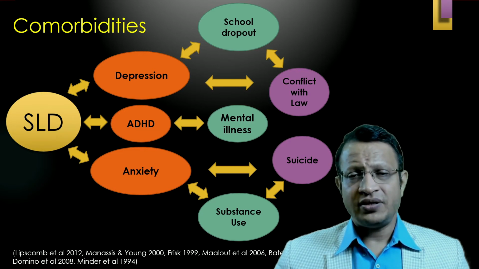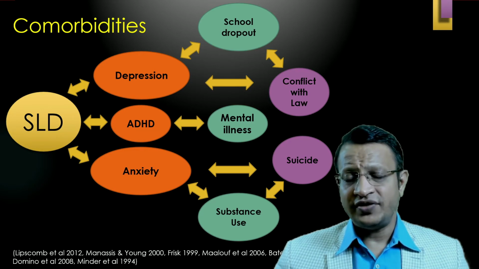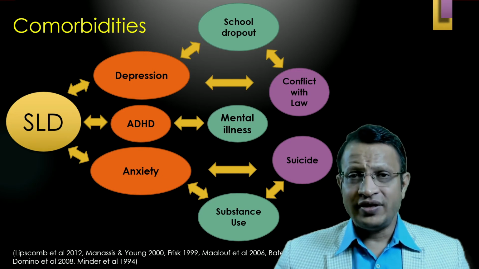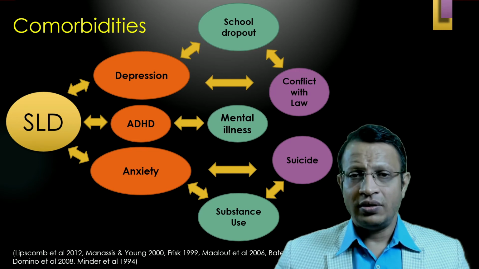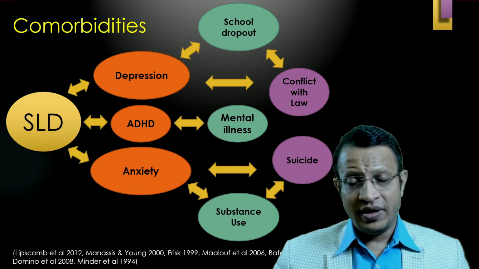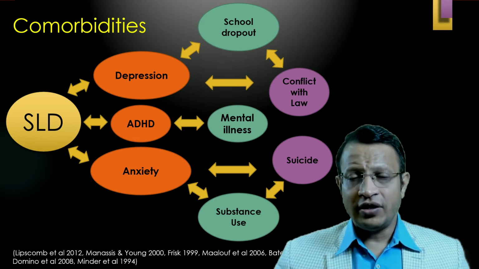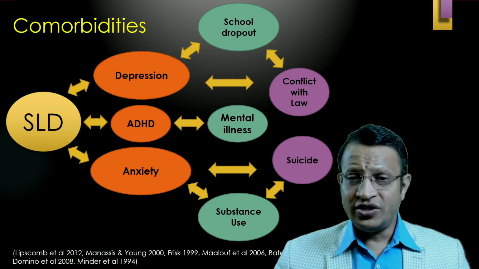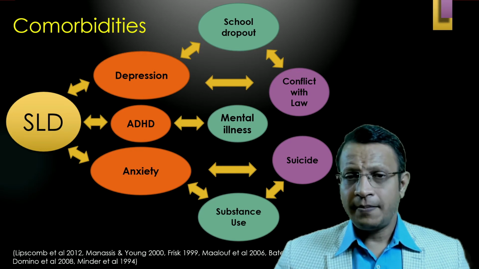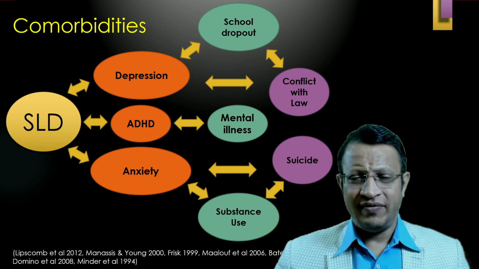Because of this depression, attention deficit hyperactivity disorder, along with SLD, there will be school dropout. And once they are out of the school, they'll become invariably having conflict with law. Some of them may develop mental illness, substance use, suicidal attempt, delinquency, and ODD behavior.